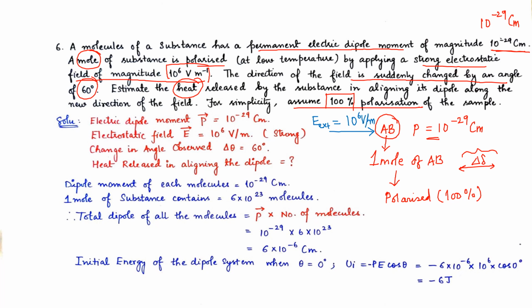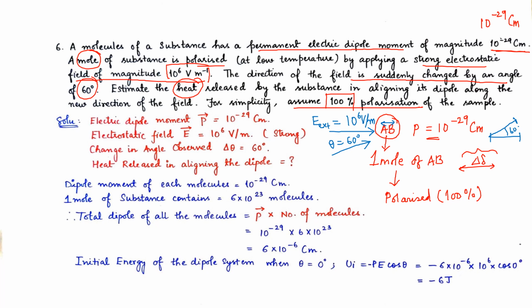When we give this strong external electric field, after a little time the direction of this AB dipole is changed by an angle of 60 degrees. After applying this sudden change, what we aim to find is the release of heat. At this point, it is in a stable state. Now it will release some energy to come to this 60 degree angle.